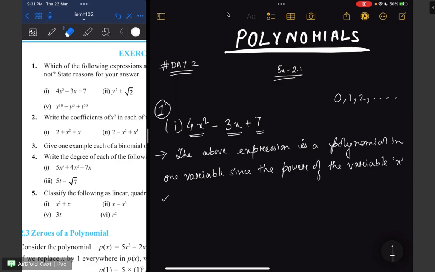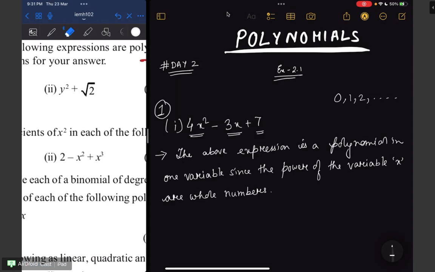X, are whole numbers. Also we have how many variables here? We have one variable, therefore this is a polynomial in one variable.